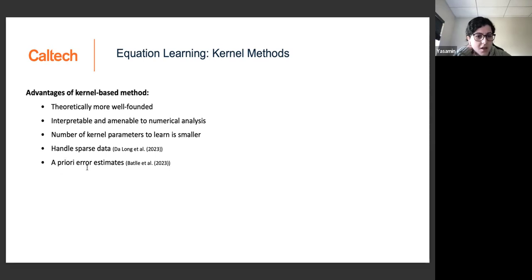Some notes on this: for example, in this work by Dalong and Bandat Hosseini and other collaborators, they have already shown some kernel methods that work quite well with sparsity. And also in this work by Badia and Chen and Humano Hadi and other collaborators, they have shown a priori error estimates for solving PDEs.